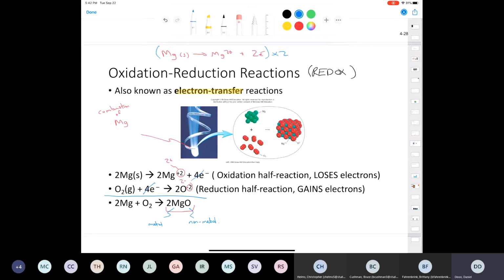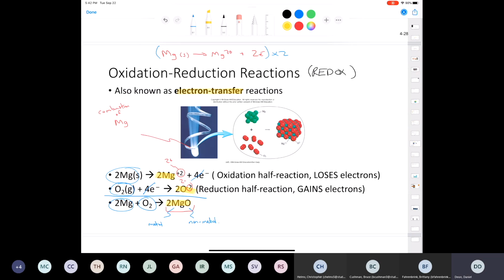The 4 electrons cancel on both sides, and you're left with 2 magnesiums plus oxygen gives you 2 magnesium ions and 2 oxygen ions, which combine to give you 2 moles, or 2 formula units, whatever you want to think of, of magnesium oxide.